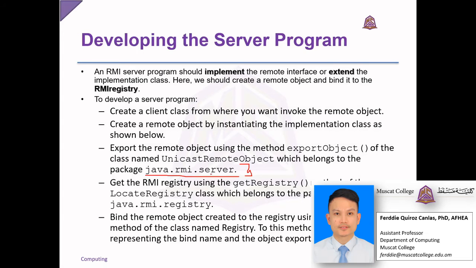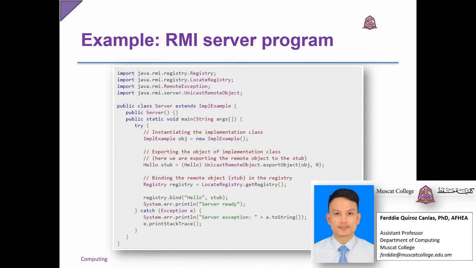So java.rmi.server, we have to add this, and then we have to add also java.rmi.registry. So how many libraries are we going to add now? Around 4 libraries, right? So this is your server program. Okay, so import RMI registry. All of this you have to put on your server side.